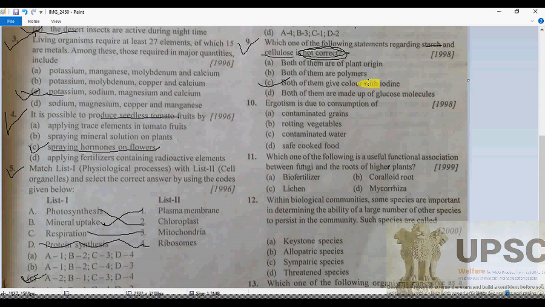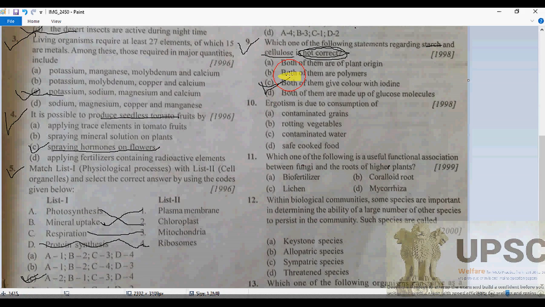Glucose molecules are present in both starch and cellulose, but amylose in the starch is responsible for the formation of the blue color in the presence of iodine, but in cellulose not. So when starch is treated with iodine, it forms the color, but cellulose doesn't.